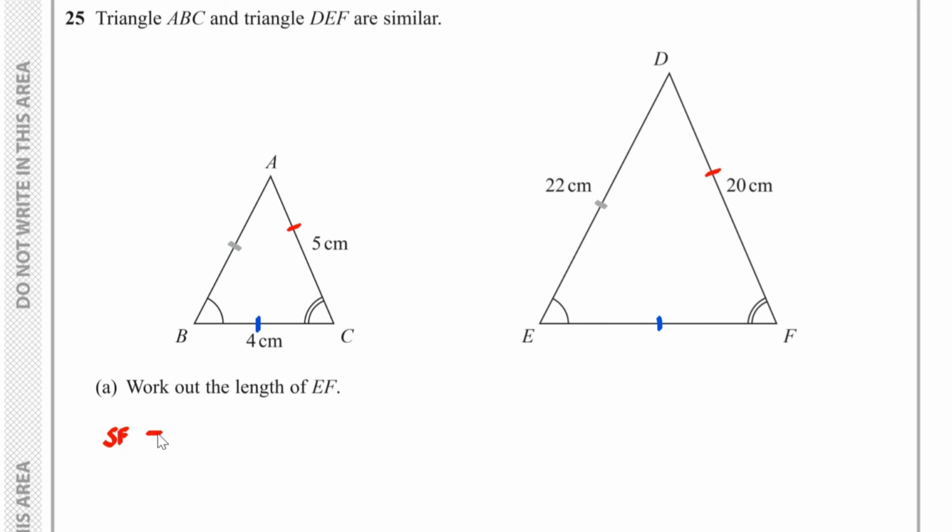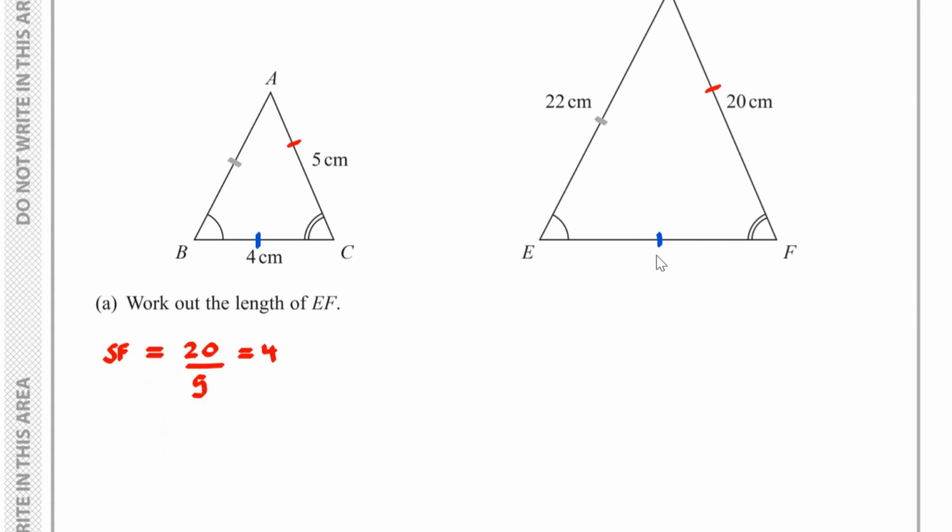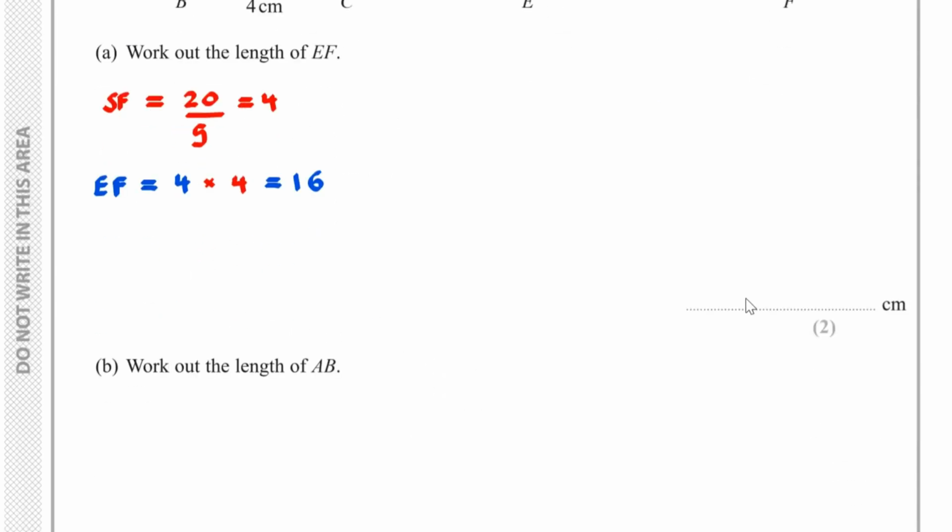Our scale factor, we've got 20 divided by 5, which is equal to 4. Now to find out the length of EF, that will equal this 4 centimeters multiplied by our scale factor of 4. And working this out, we see that EF is equal to 16 centimeters.